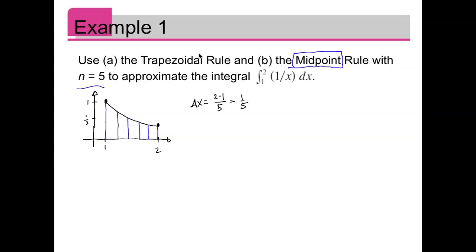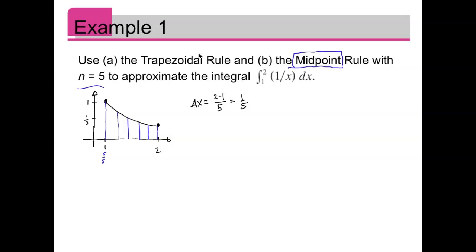Right, so what are the actual values of my indices then? My left endpoint's 1, or if you like, maybe this will make it easier, 1 is the same as 5/5, right? And then we just want to add 1/5 to get to the next index.